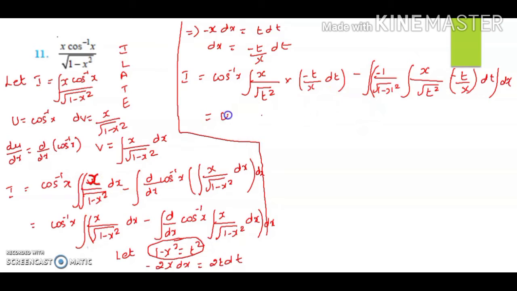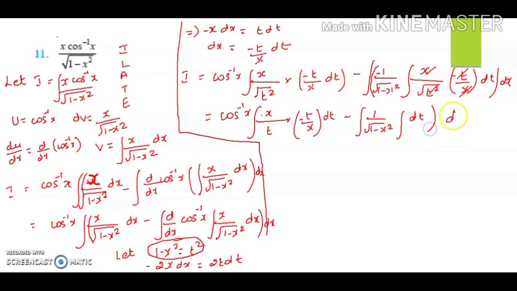Now cos inverse of x integral x divided by square root of t square is t, into minus t divided by x dt, minus, the minus into minus is plus, and we have 1 divided by square root of 1 minus x square integral. Now x and x get cancelled, and the square root of t square is t. So t gets cancelled and we are left with integral dt.